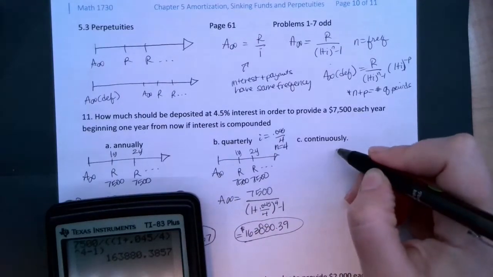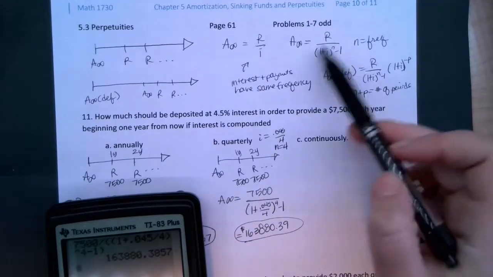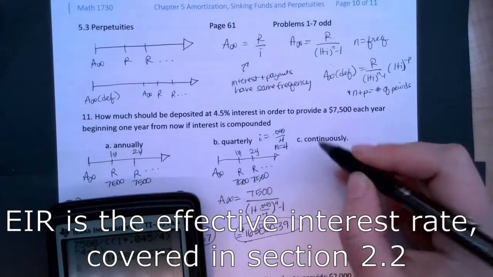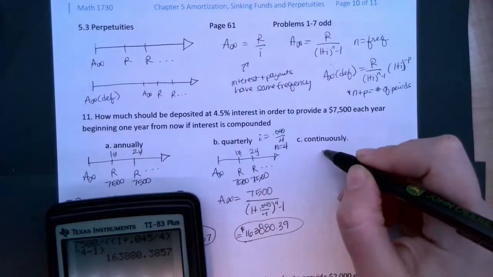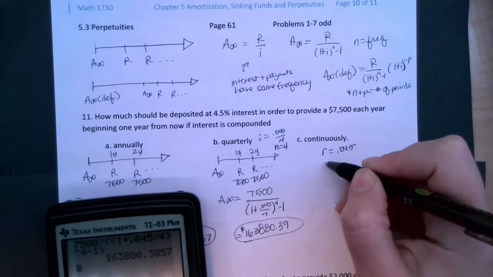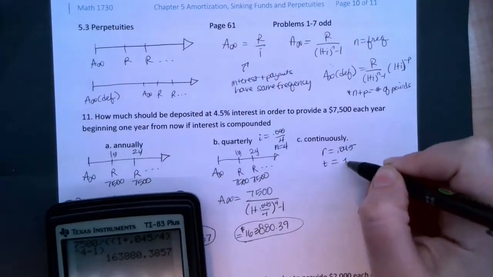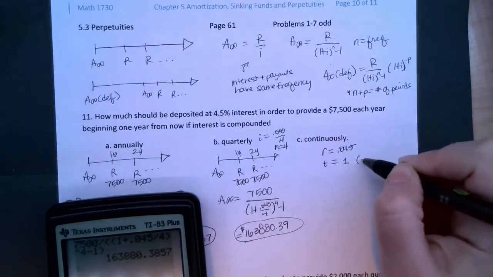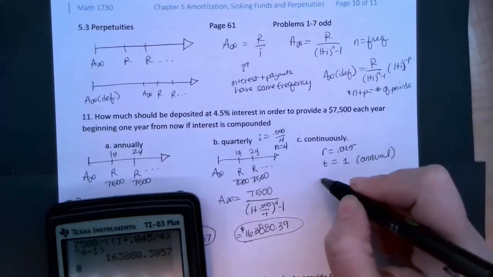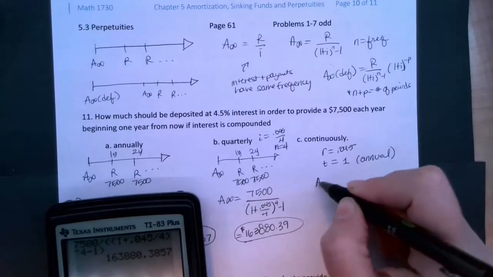Now if we do it continuously, our denominator is going to be similar to this, but again that denominator is pretty much the EIR. We have the same timeline. Here our R is still 0.045, and we're doing it yearly, so our T is going to be 1 because it's annual. So our denominator is going to look different.